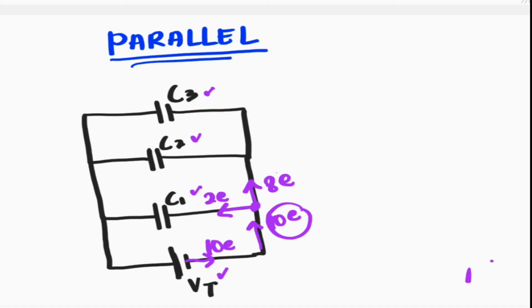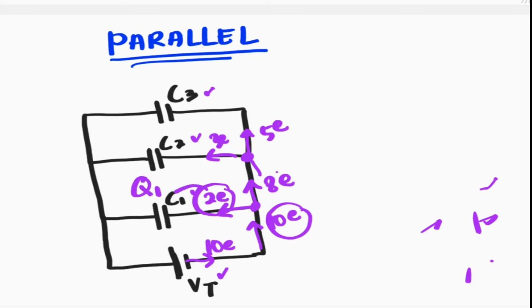These 8 electrons will move and meet another junction. They can split into maybe 3 electrons and 5 electrons. So the 2 electrons here accumulate on C1, so this is Q1.